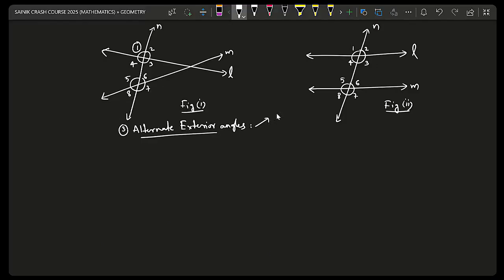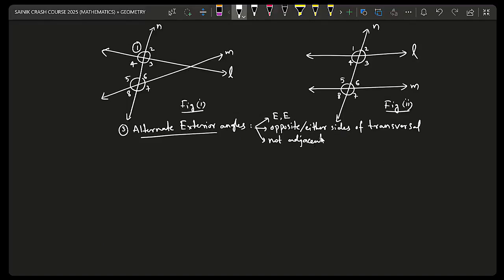Again, three conditions. Both of them must be exterior, and this word alternate indicates that they are lying on opposite sides, or either sides, of the transversal. And the third condition is the same, that they should not be adjacent.